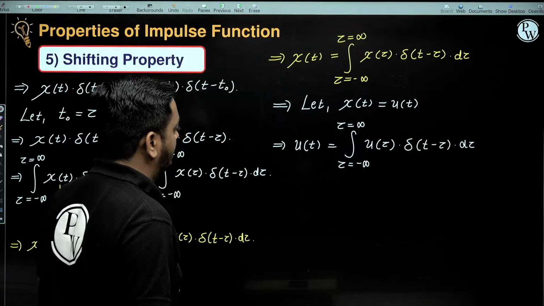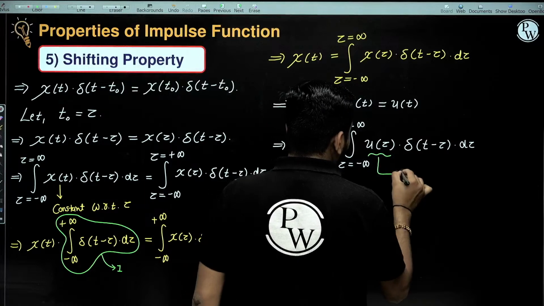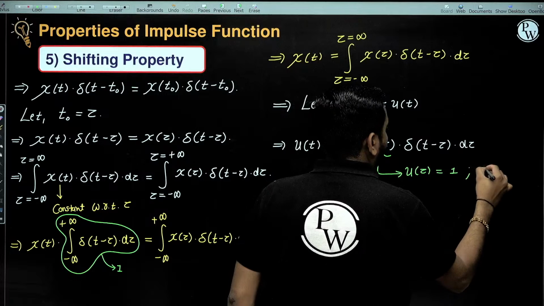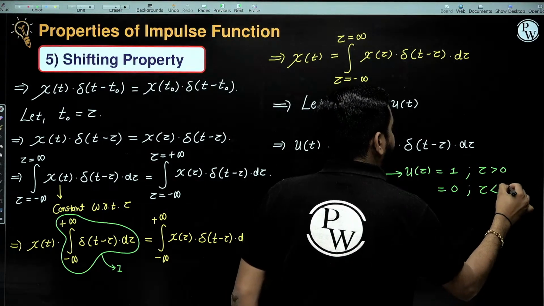Now we know that u of tau is 1 for tau greater than 0, and it is 0 for tau less than 0.